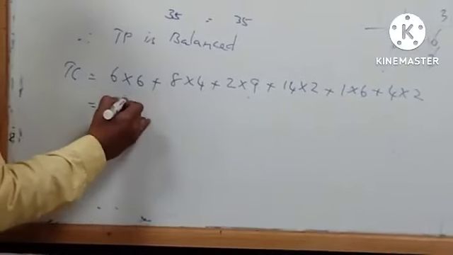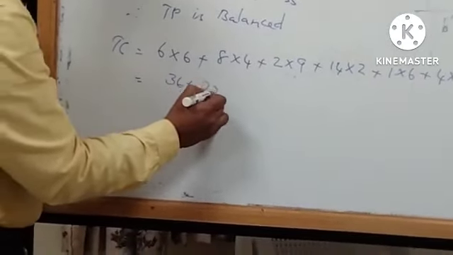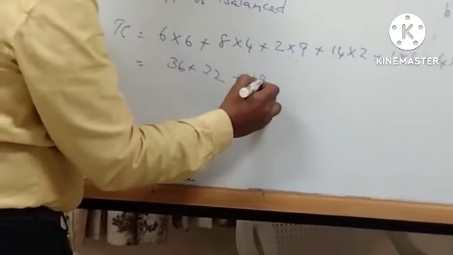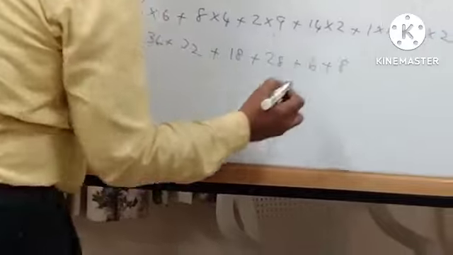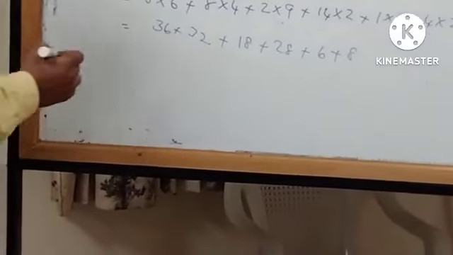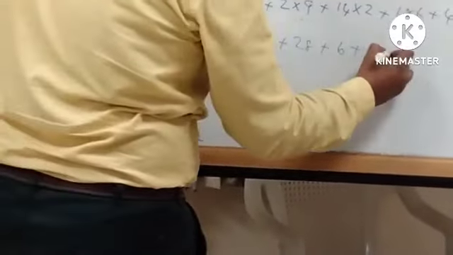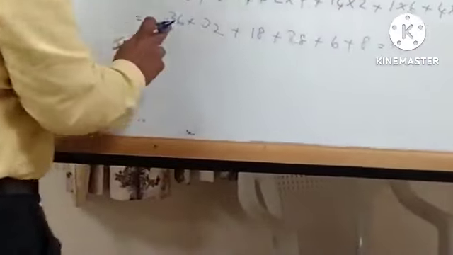So put together 36 rupees, 32 rupees, 18 rupees, 28, and 6 and 8. If you add all those things, then you will end up with rupees 36.